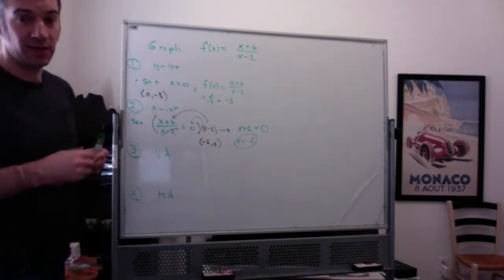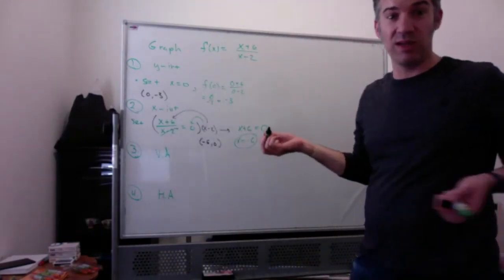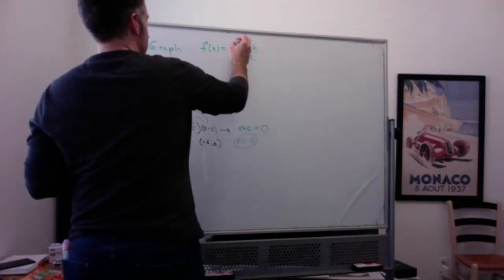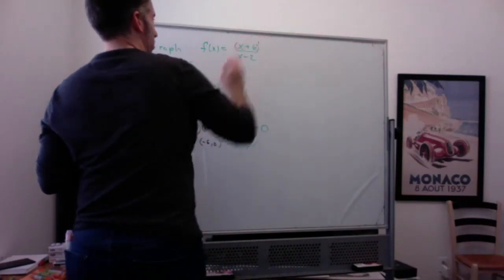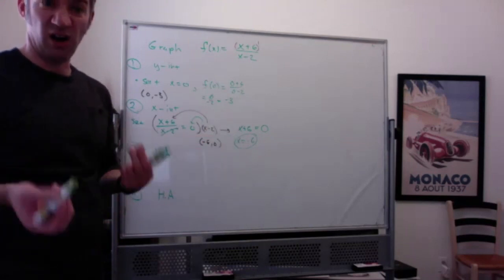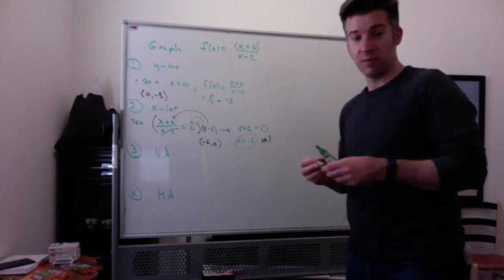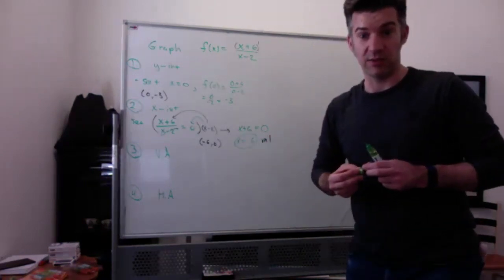And x equal to negative 6 came from the factor x plus 6, which is x plus 6 to the first, which means that x-intercept has an odd multiplicity. It has a multiplicity of 1, which means we're going to cross when we hit that x-intercept.